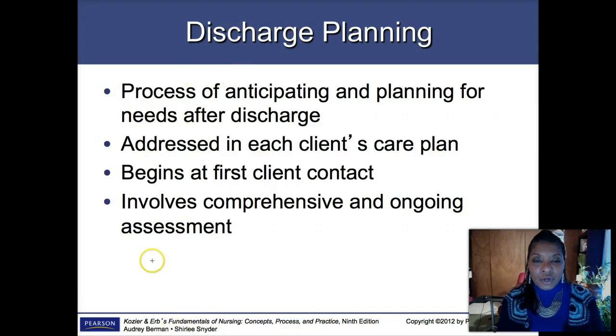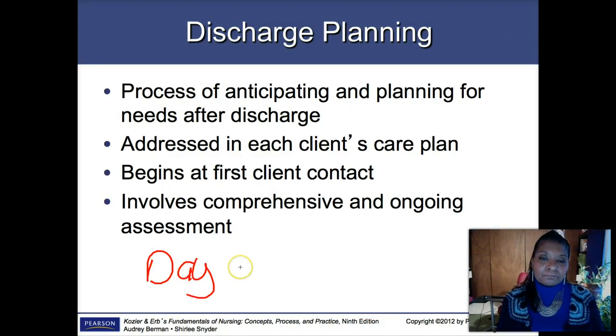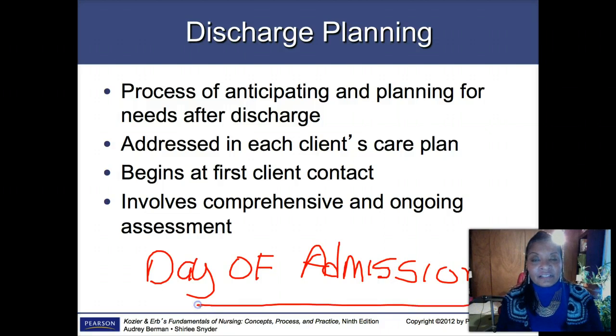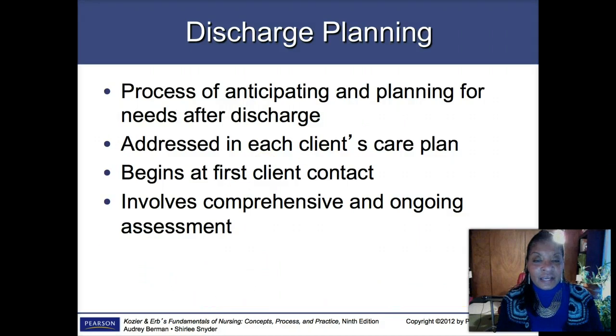It begins on the day of admission because hospital stays are so short, but it just takes time to gather all the resources and get more members on the team based on the patient's needs. So discharge planning begins the day of admission.